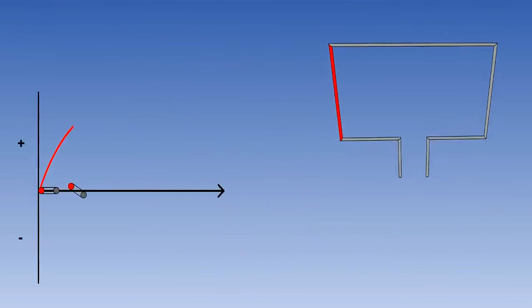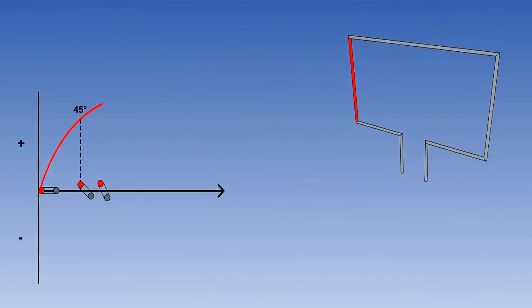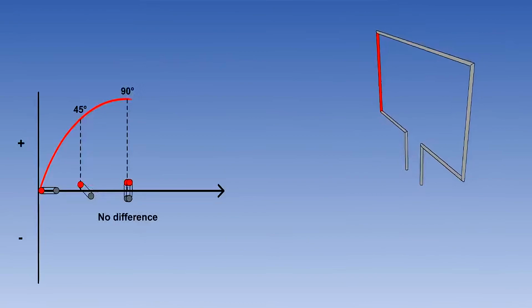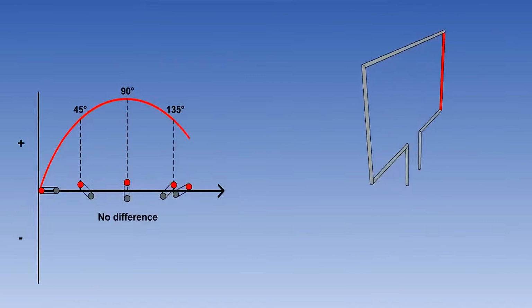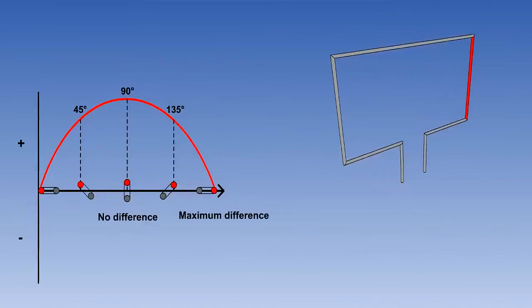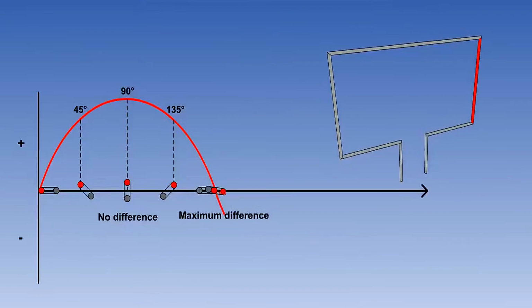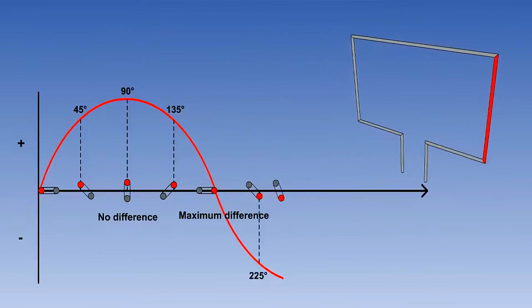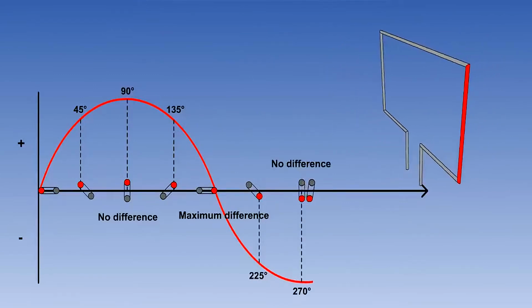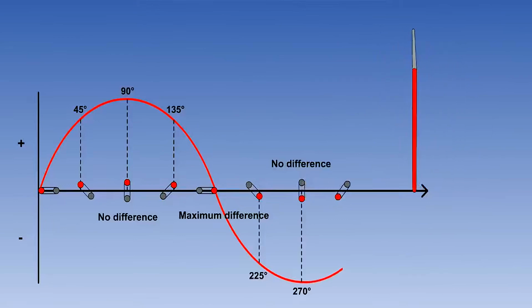If we follow the red-colored side of the loop antenna and plot it against the sinusoidal shape of a radio wave, we see that the antenna turns through the positive side of the sine wave from 0 to 180 degrees. It then turns through the negative side of the sine wave from 180 to 360 degrees.